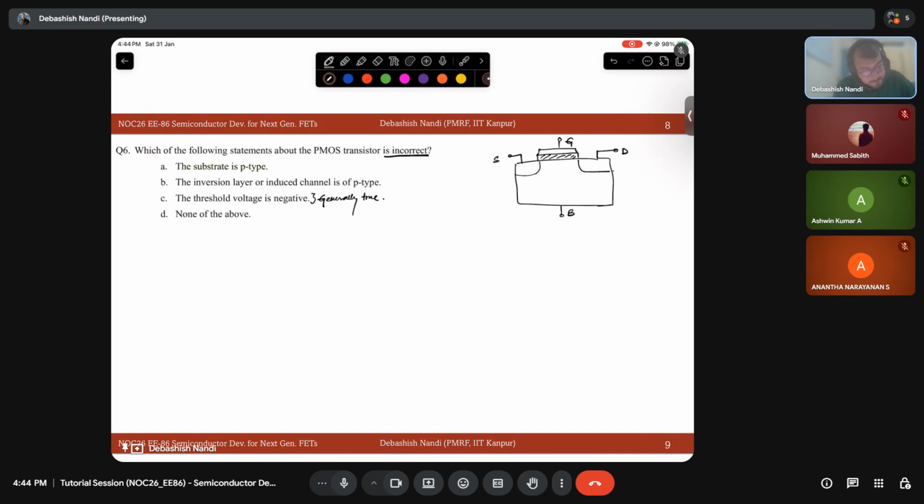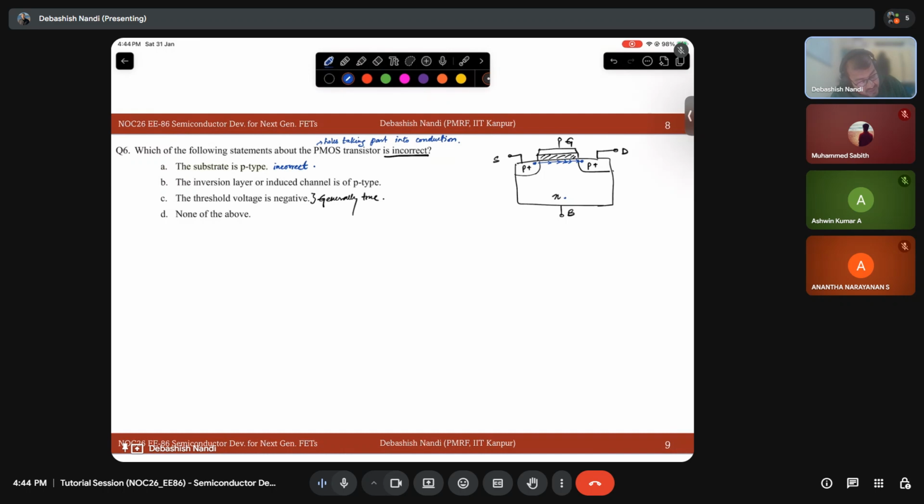P plus. And this is N, right? N type substrate. PMOS means holes taking part into conduction. So for a hole rich area to another hole rich area conduction to happen, this has to have a layer of holes. That will happen when this N type will get inverted. So substrate is P type. This is incorrect.